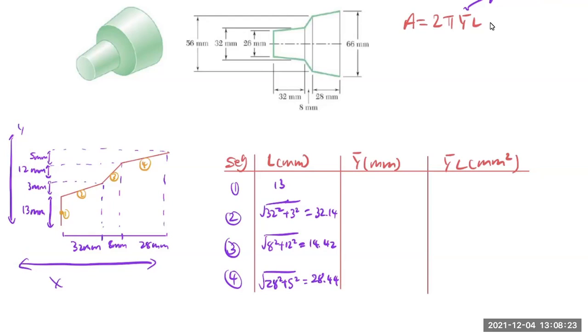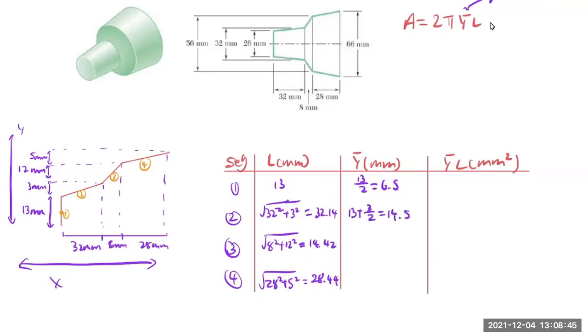So 13 divided by 2, we get 6.5. For segment 2, the y bar will be 13 plus half of 3 millimeter, so we get 14.5.